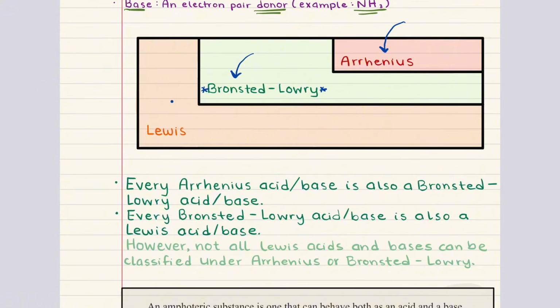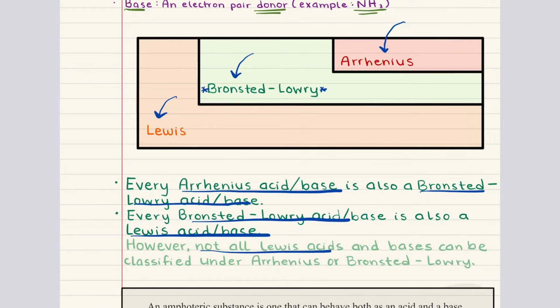And then the Lewis definition is the most inclusive of all because it includes any electron pair exchange, whether or not protons are involved. So we can say every Arrhenius acid is also a Bronsted-Lowry acid, and every Bronsted-Lowry acid is also a Lewis acid, but not every Lewis acid is an Arrhenius or Bronsted-Lowry acid, and the same goes for bases.